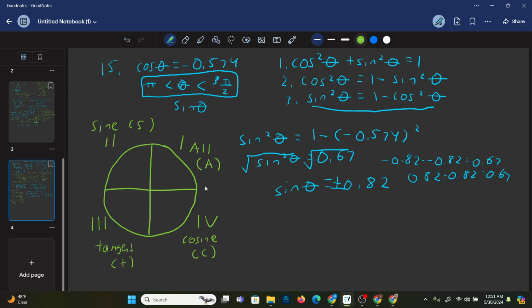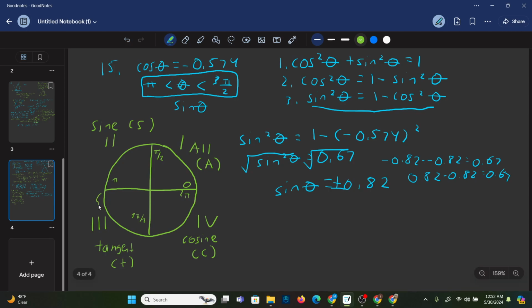So in the unit circle, we start with 0 radians here. Here we have pi over 2 radians, here we have pi radians, 3 pi over 2 radians, and 2 pi. And if we look at this, we want between pi and 3 pi over 2.